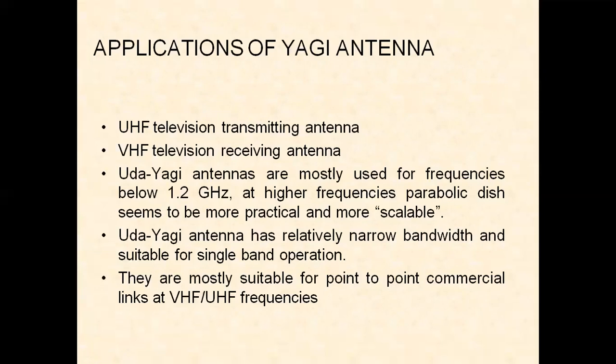They are most suitable for point-to-point commercial links from one point to another point at VHF and UHF frequencies. This is an antenna particularly used as a UHF transmitting antenna and VHF television receiving antenna.